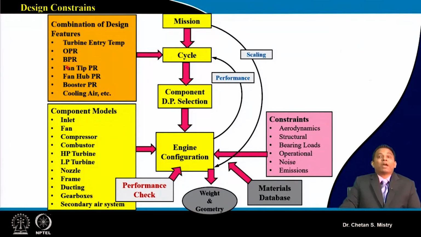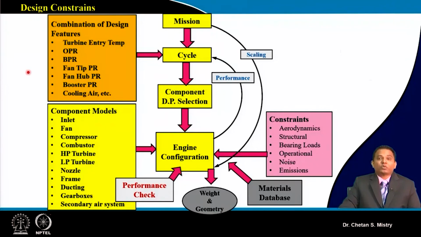Next is my bypass ratio. Whether we go with a high bypass ratio engine or a low bypass ratio engine: for commercial aircraft application, our major concern is fuel economy, and that is promised by using a high bypass ratio configuration. When we apply these engines for military purposes, because of size constraints, we will go with low bypass ratio engines.